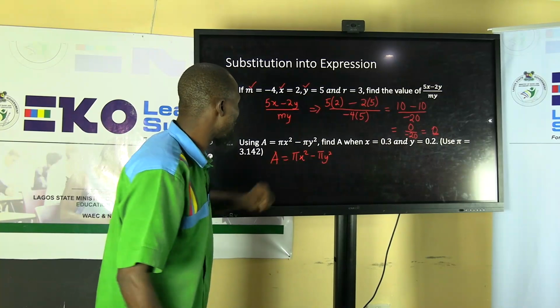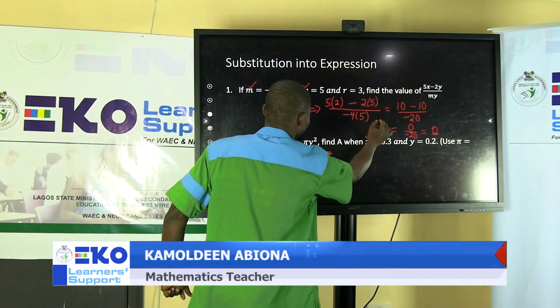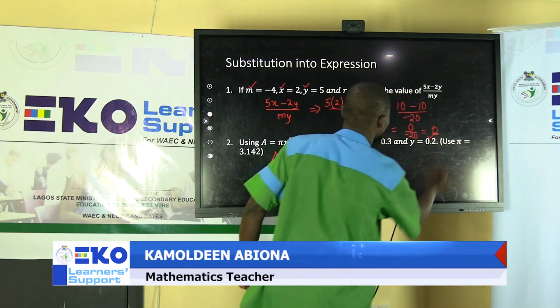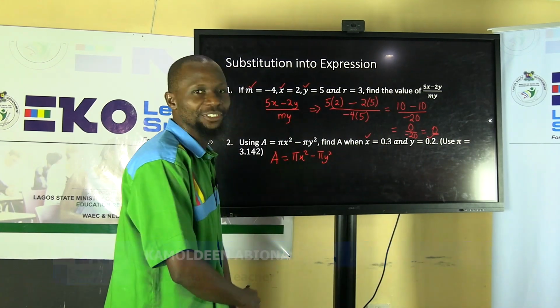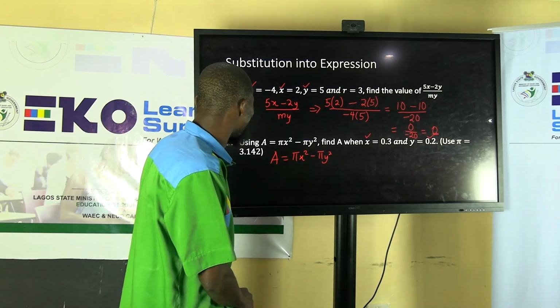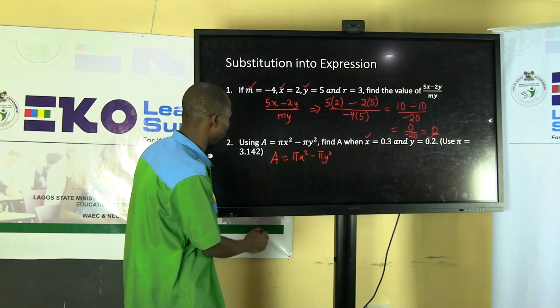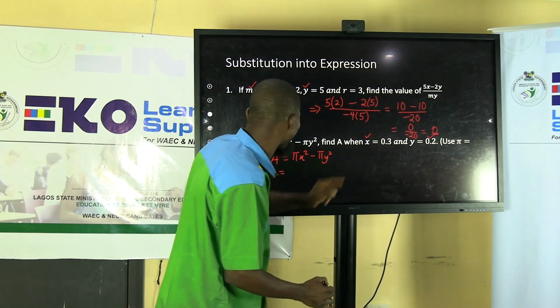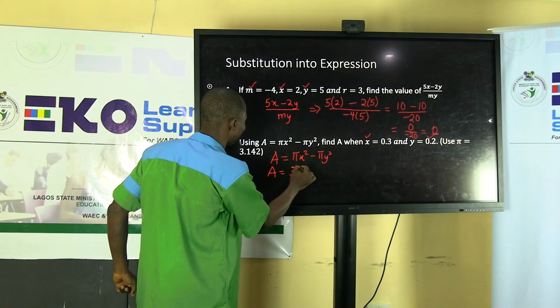So our x has been given, this is x 0.3, y has been given 0.2, and pi is 3.142. So how do we do that? You substitute. Pi is 3.142.